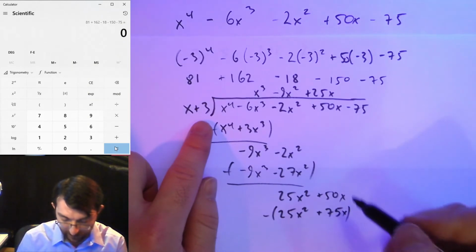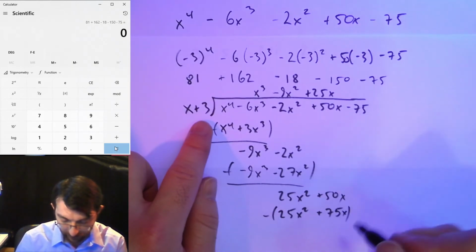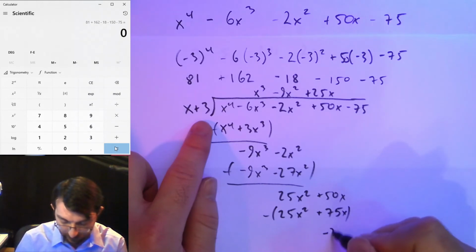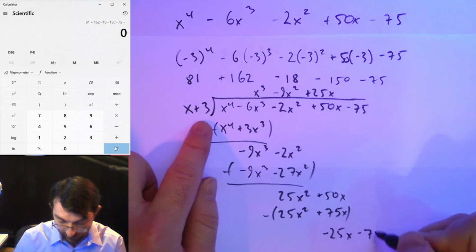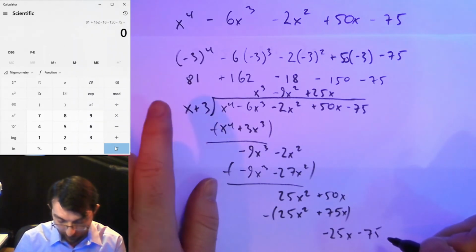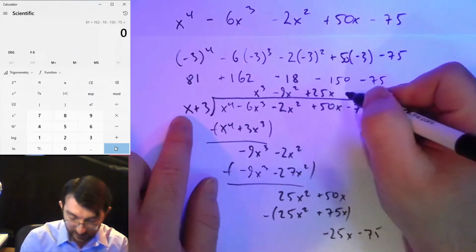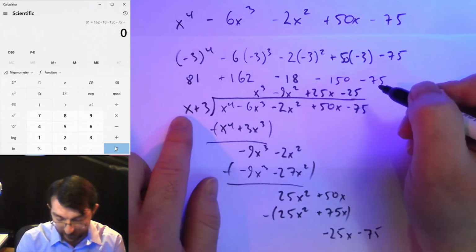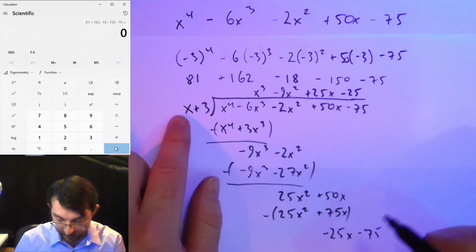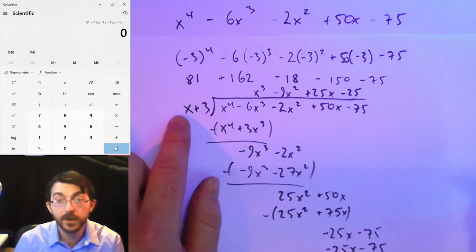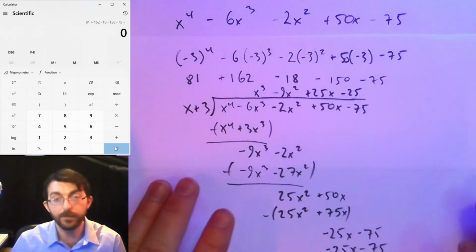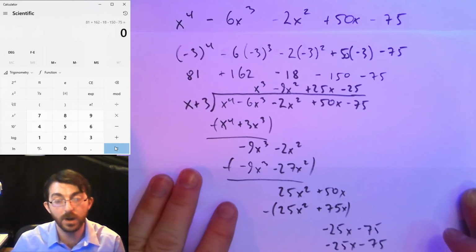Subtracting these, I've got 50 minus 75, that's minus 25x. Bring down minus 75. X goes into minus 25x minus 25 times. Minus 25 times x plus 3 is minus 25x minus 75. Now you can barely see there, but those are the same.